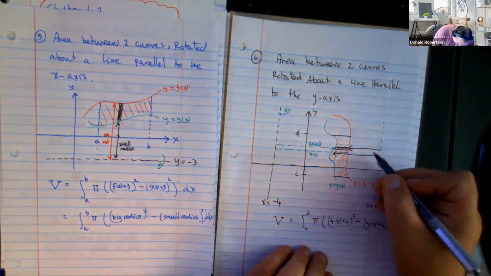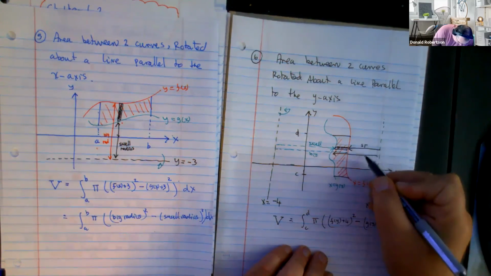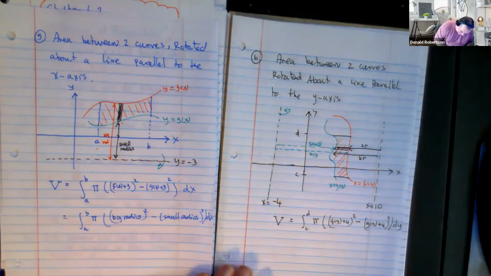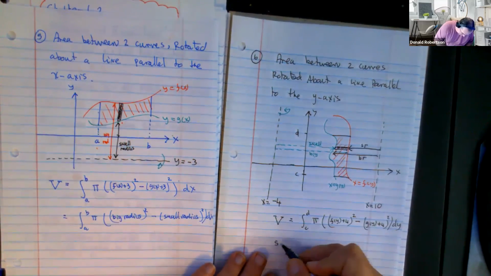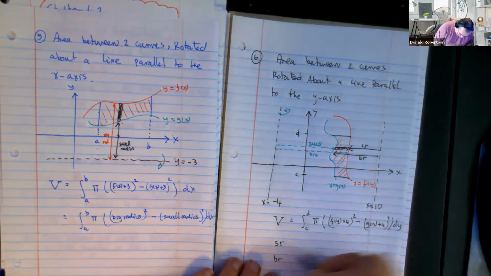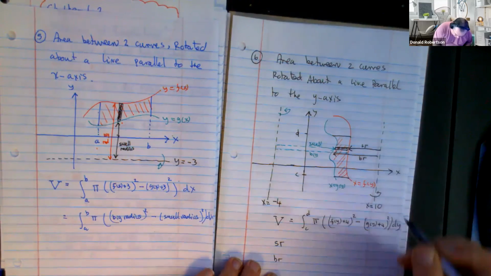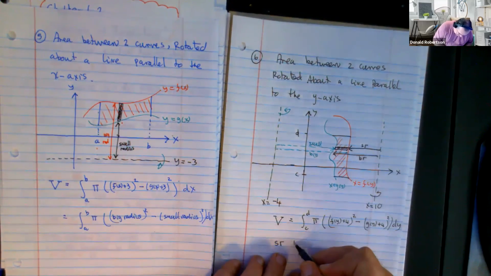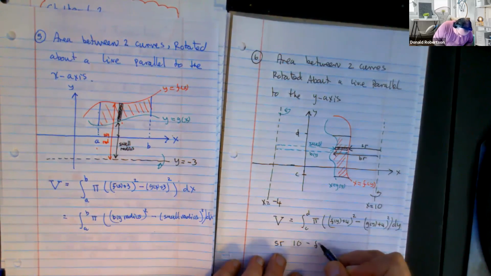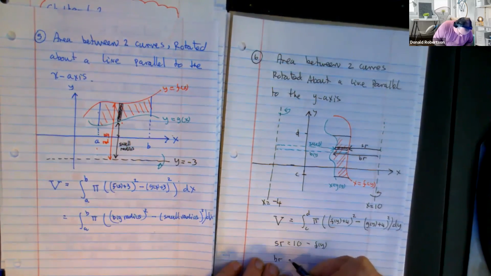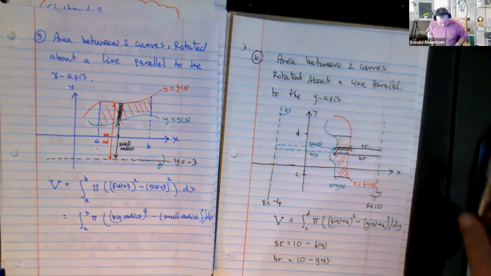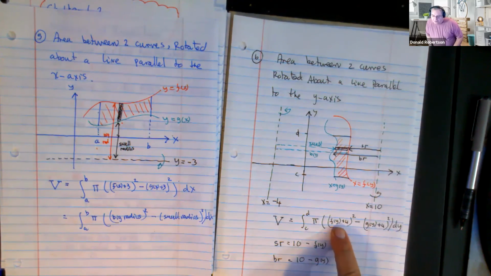And secondly, the small radius and the big radius have quite a different look to them. If you rotate on an axis to the right, the small radius will actually be 10 take away f of y, and the big radius will be 10 take away g of y. So it's not the function add the distance, it's the distance take away the value of the function.